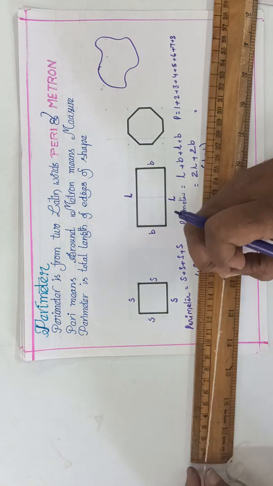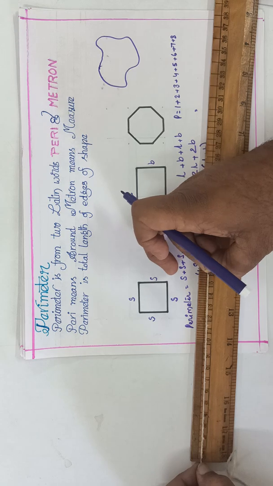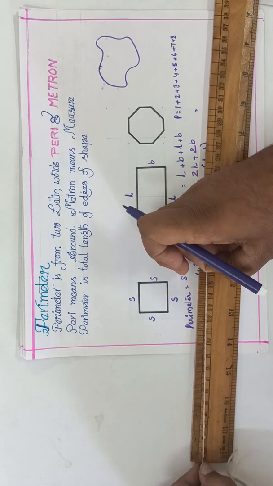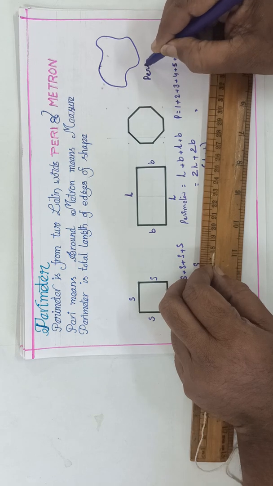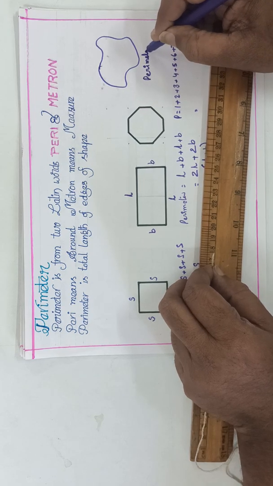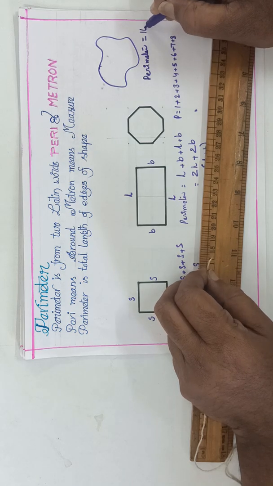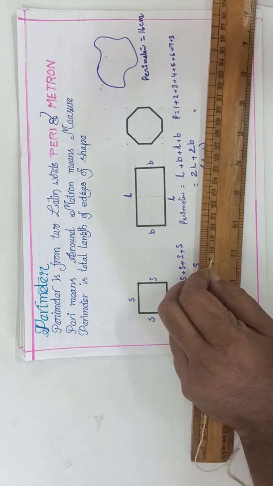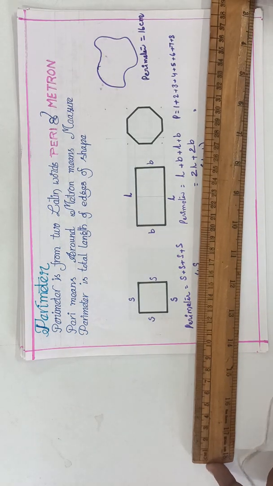And let us compare it with the scale. It is nearly 16 centimeters. So, the perimeter of this irregular shape is 16 centimeters. Very good question.